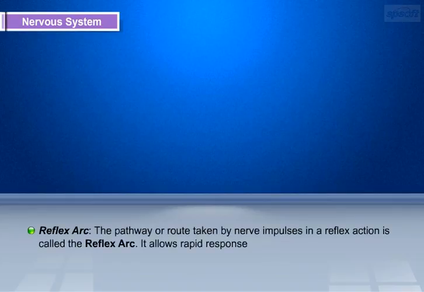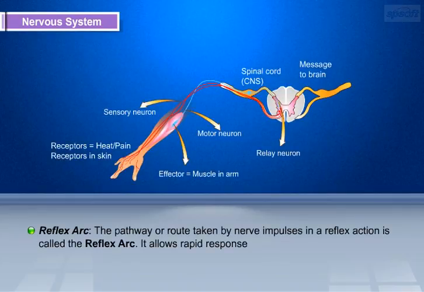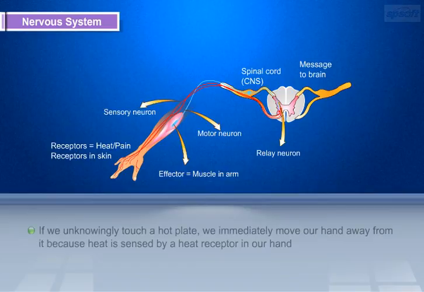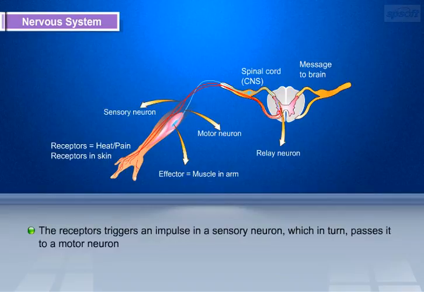Reflex arc. The pathway or route taken by nerve impulses in a reflex action is called the reflex arc. It allows rapid response. For example, if we unknowingly touch a hot plate, we immediately move our hand away from it, because heat is sensed by a heat receptor in our hand. The receptor triggers an impulse in a sensory neuron, which in turn passes it to a motor neuron.